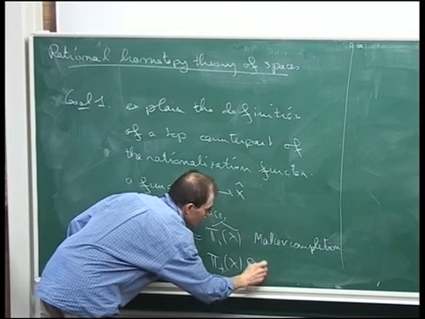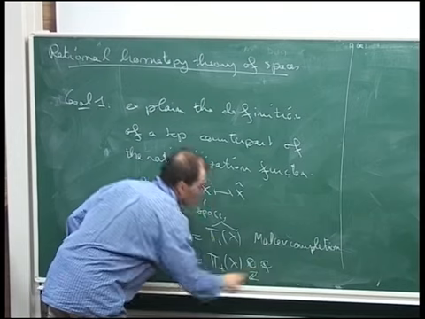I mean, you take the tensor product with Q over Z.